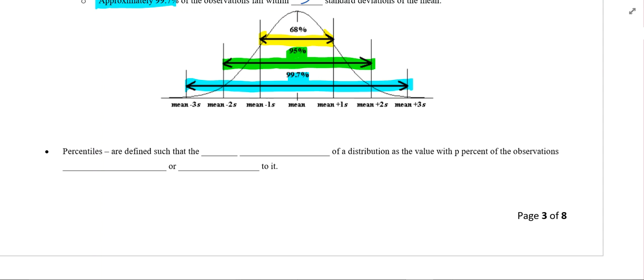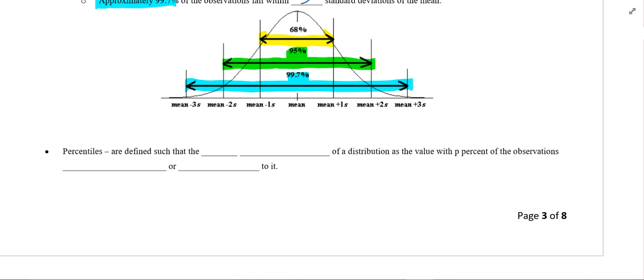Something that comes up in this section is what are called percentiles. You've probably heard of the word percentile because when you take standardized tests, a lot of times they give your results in a percentile. So maybe on your standardized test, you were in the 94th percentile.